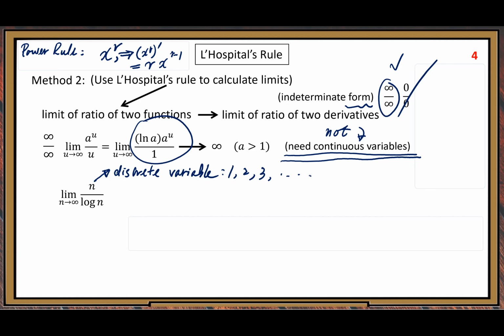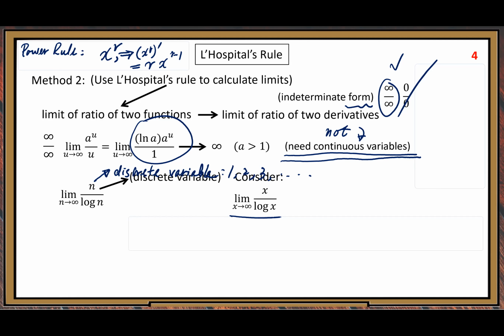We need to do that conversion first, before we apply L'Hopital's rule. So let's do this step first. This is the continuous version.